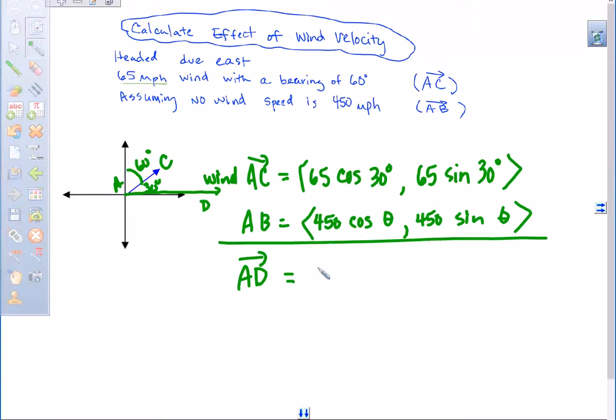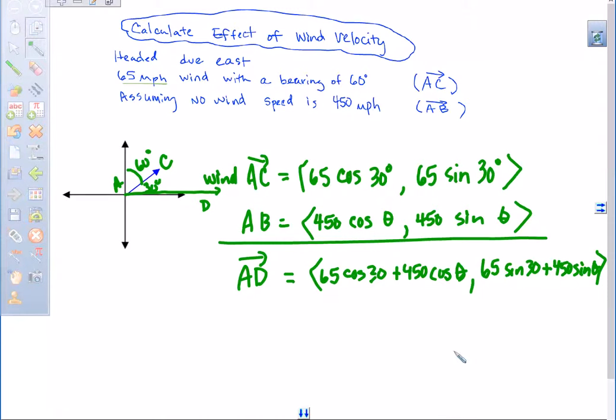So with this, what we have is a sum of these. 65 cosine of 30 plus 450 cosine of theta, and then 65 sine of 30 plus 450 sine of theta.